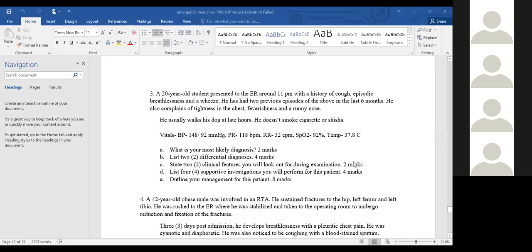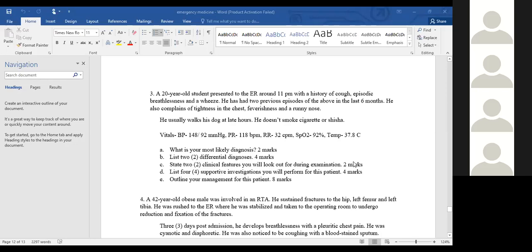He doesn't smoke cigarettes or shisha. Vitals: BP 148/92, pulse rate 118 beats per minute, respiratory rate 32 cycles per minute, SpO2 92%, temperature 37.8 degrees Celsius. Okay, what is your most likely diagnosis?